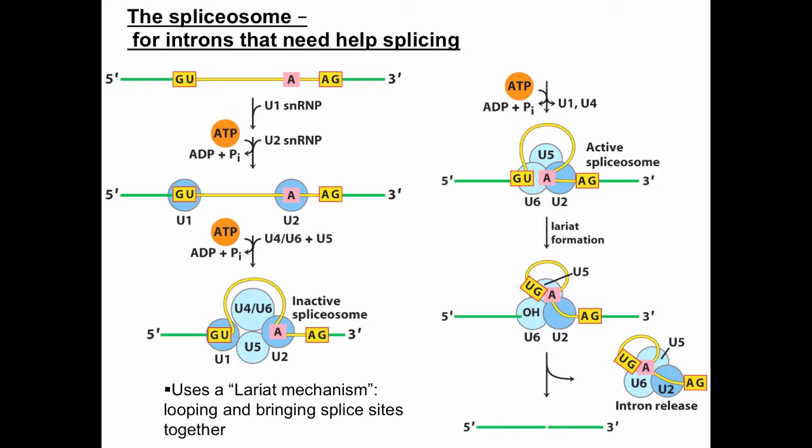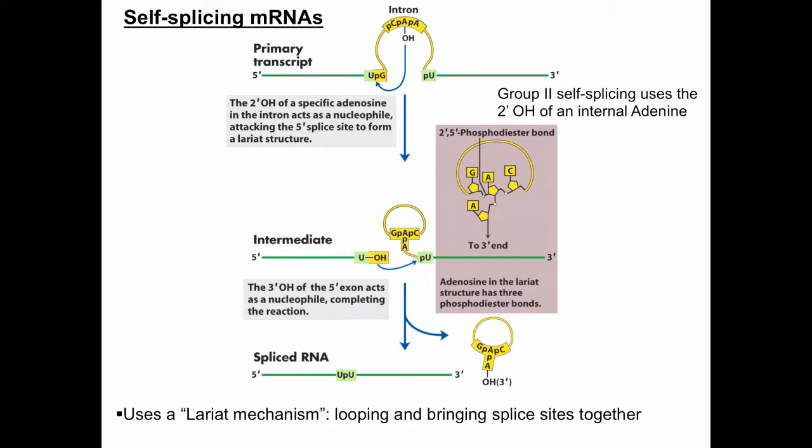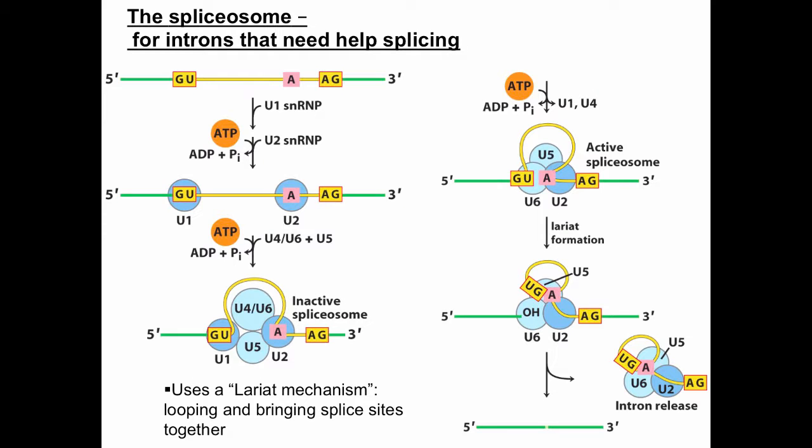The one thing about this type of group 3 RNA is they actually use a very, very similar mechanism of splicing as the group 2 RNAs, in that it uses an adenine that's located within the intron. So it uses that 2' hydroxyl group of the adenine to act as a nucleophile to then attack the 5' end of the intron.